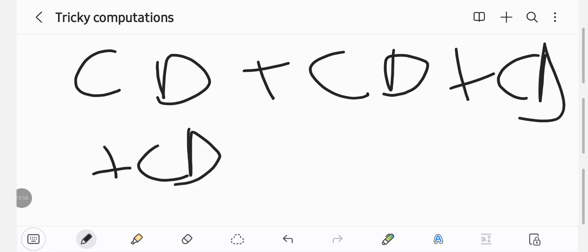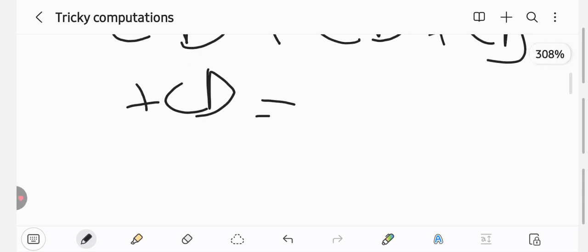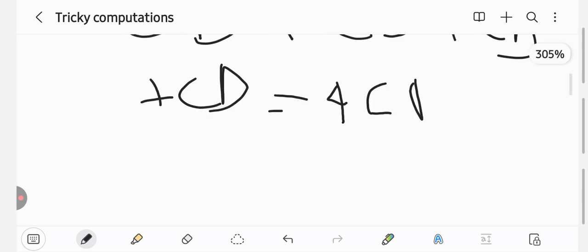In total we have 4 CD, because we cannot add the D's but the C's, so you can write it as 4CD. Done.